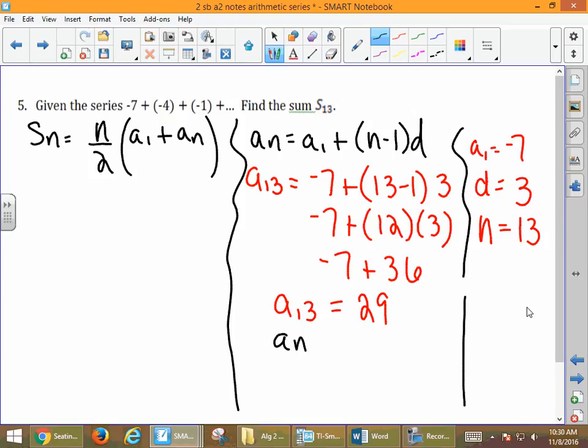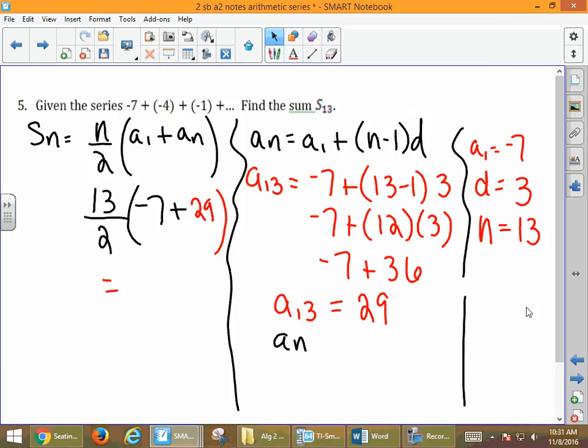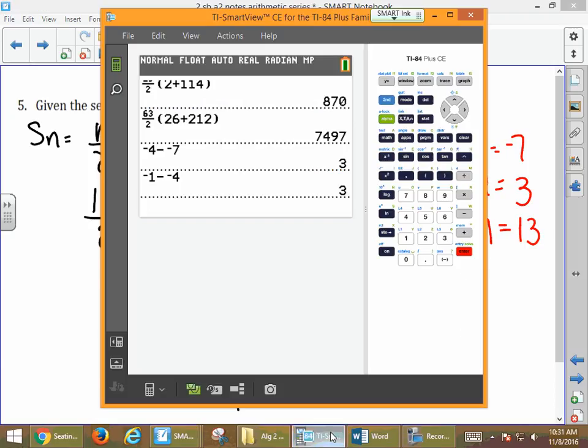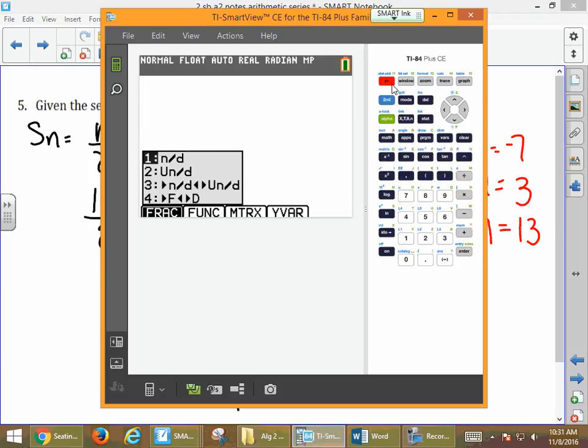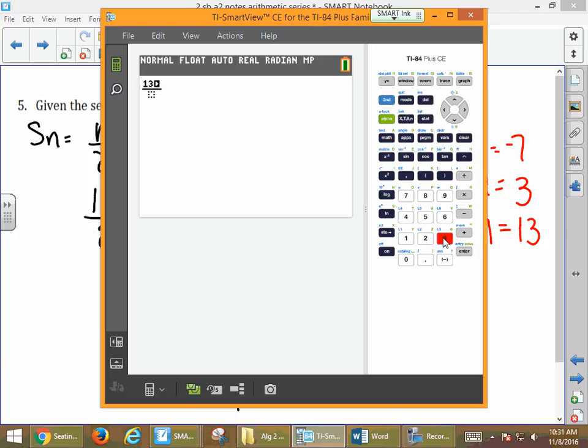We know everything else that we need to know over here. We know that n is 13 divided by 2. We know our a sub 1 is negative 7. We just found out that our a sub 13 is 29. And now we can type that in our calculator. 13 divided by 2 times negative 7 plus 29.